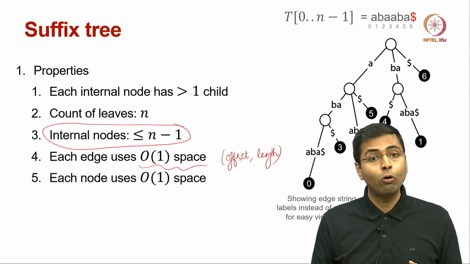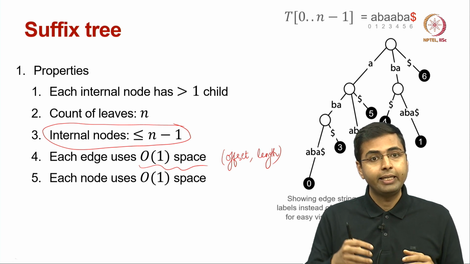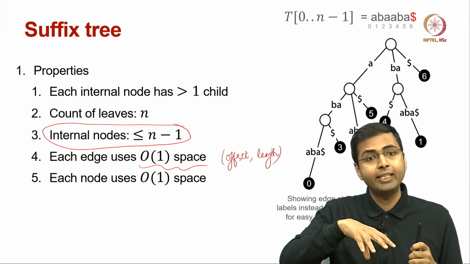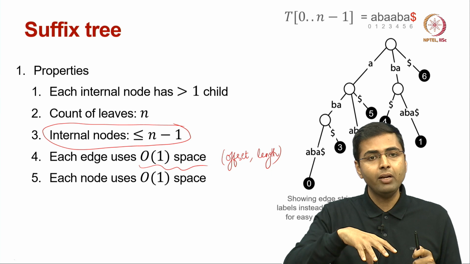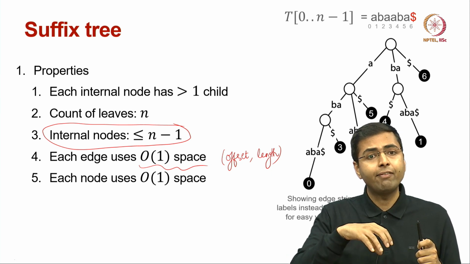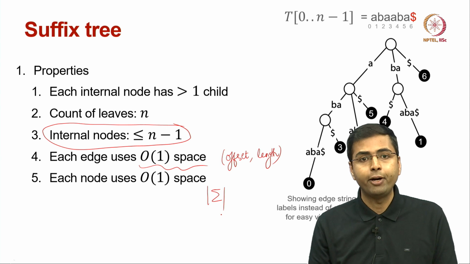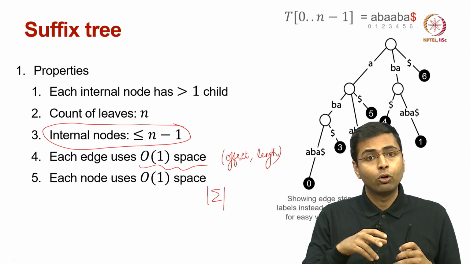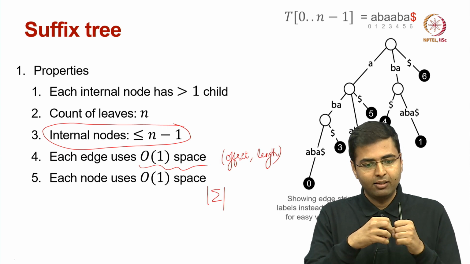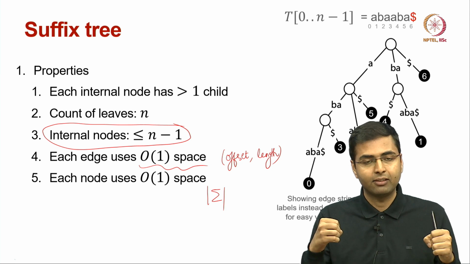Similarly, each node also uses order 1 space, because each node will have to keep pointers to its children, and any node can have at most sigma pointers, because no two edges can share the same initial character.